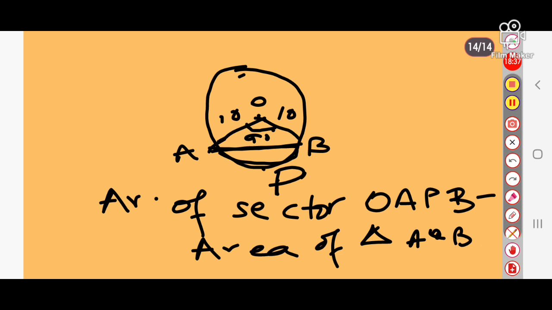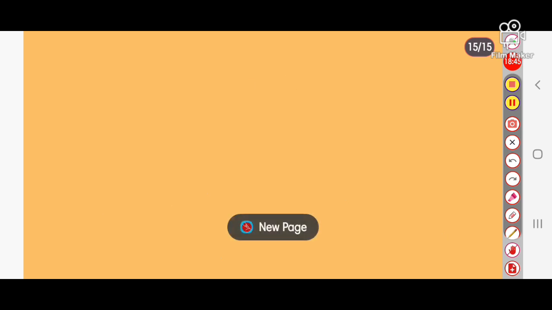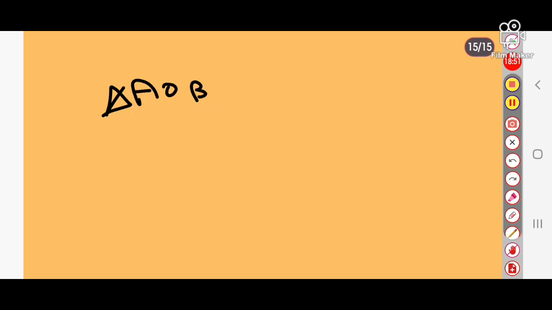Now we will find the area of triangle AOB, right? Area of triangle AOB is nothing but half into base into height.